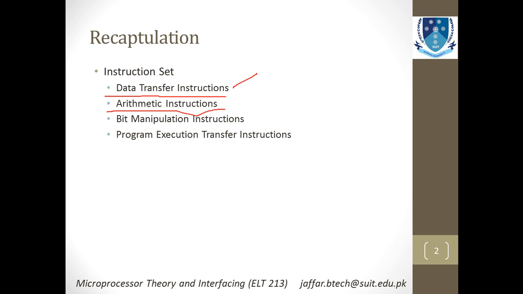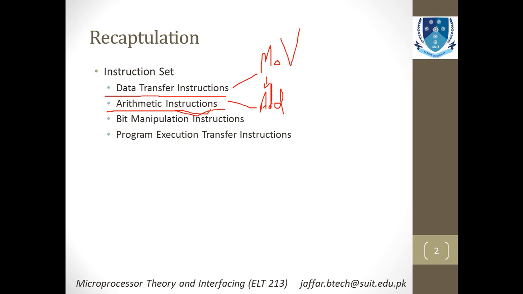In data transfer we learned about the very special command MOV, and in arithmetic we learned about add, subtract, multiply, divide, etc. We learned how to use these instructions to get your desired answers. So this was all about the previous lecture.